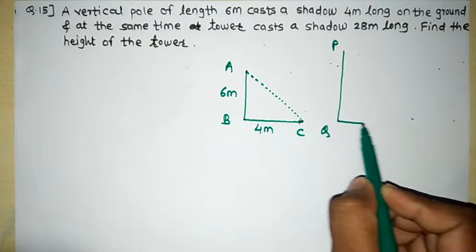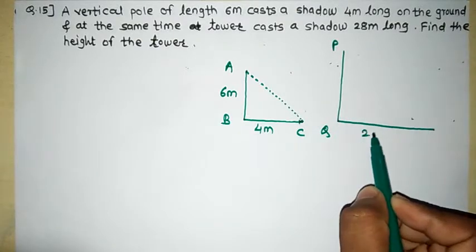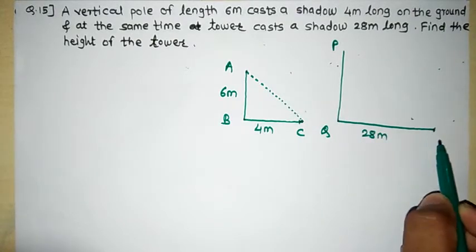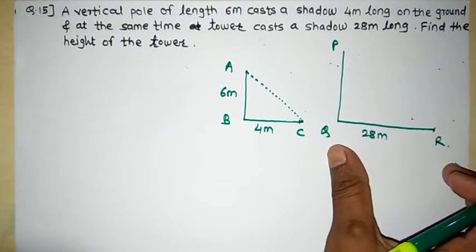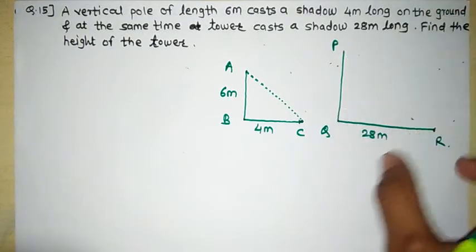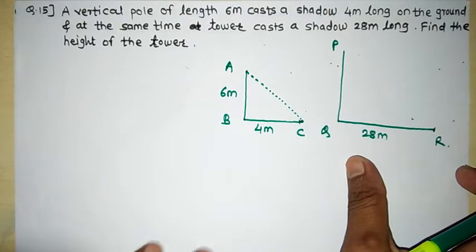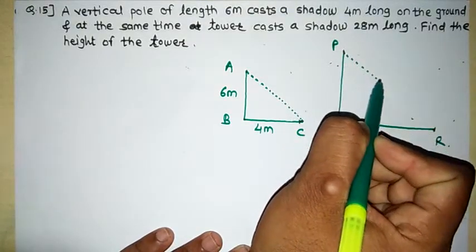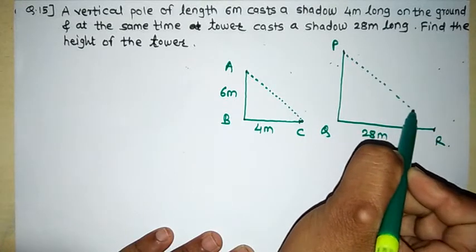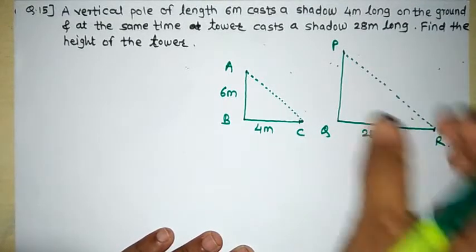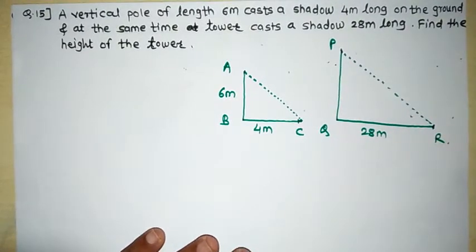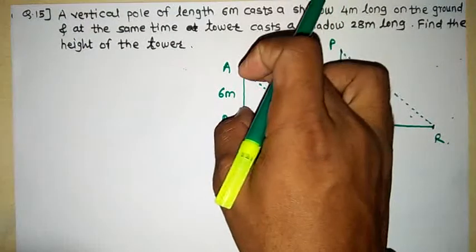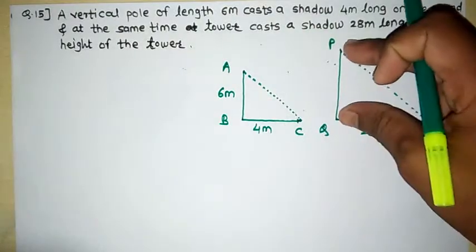Suppose this is 28 meter long and this point is R. QR is the shadow of the tower. And the sun rays are coming from point P and meet at point R. Therefore, here we have assumed AB as the pole and PQ as the tower.